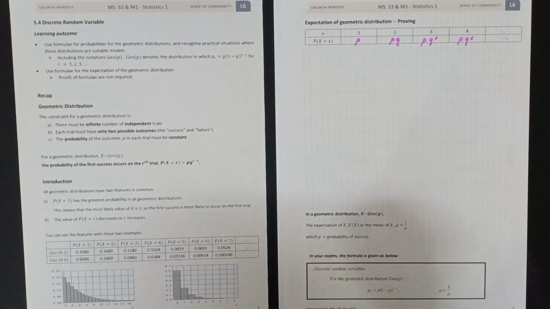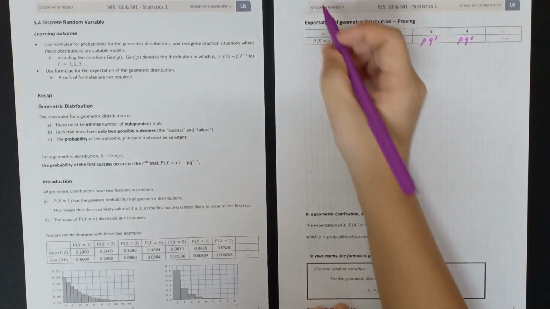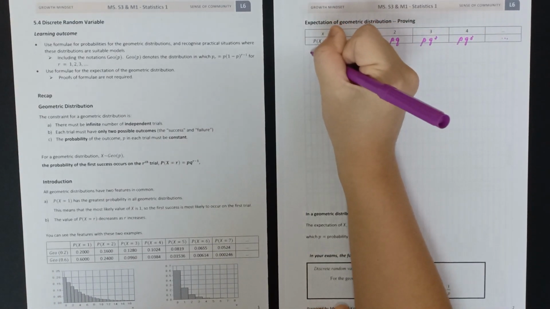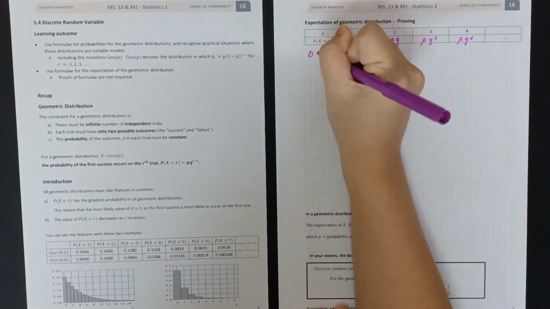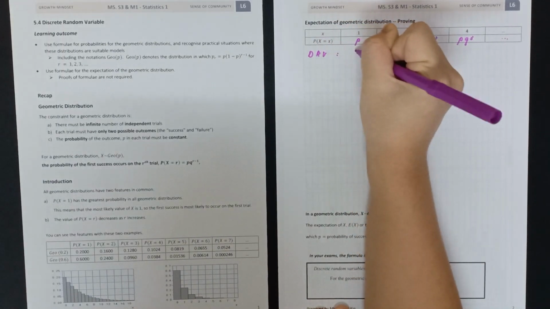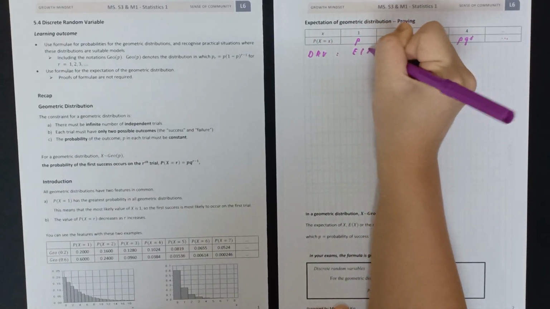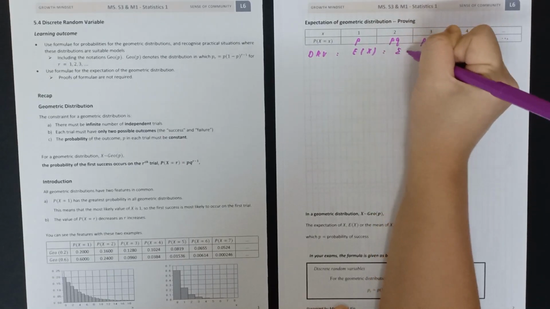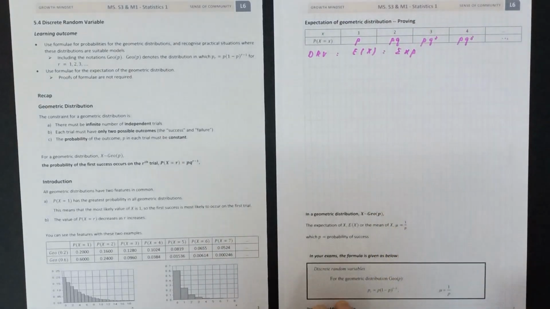Recall from what we have learned previously, we say that binomial distribution and geometric distribution are the special distributions under discrete random variable. So for this one, we are going to use the formula under discrete random variable, which is E(X) equals the sum of x times p.